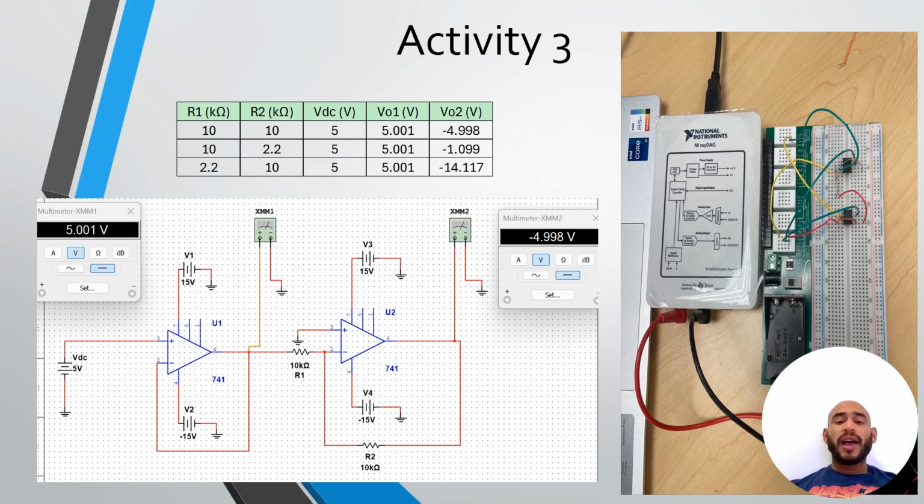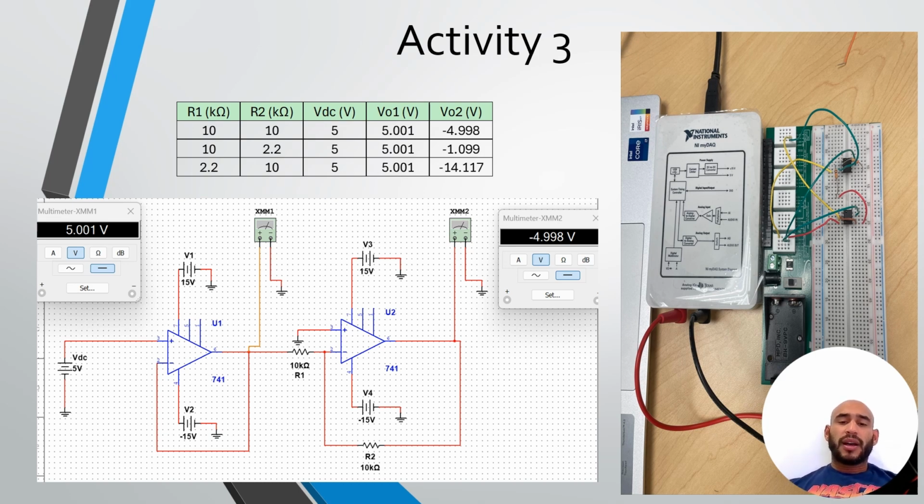So basically, at the output, which is VO2, we're going to have the same voltage that we have at the DC at the beginning, but with the signal inverted. That means it's going to be negative 5.